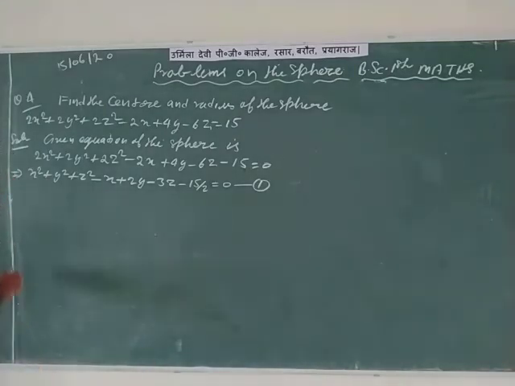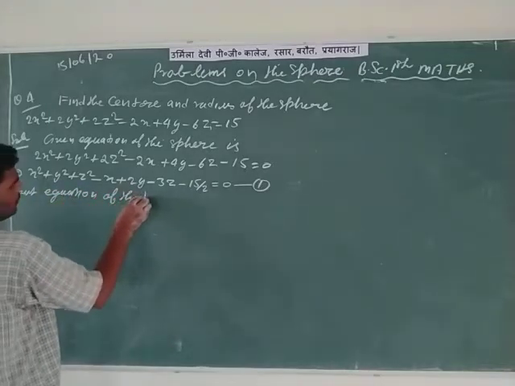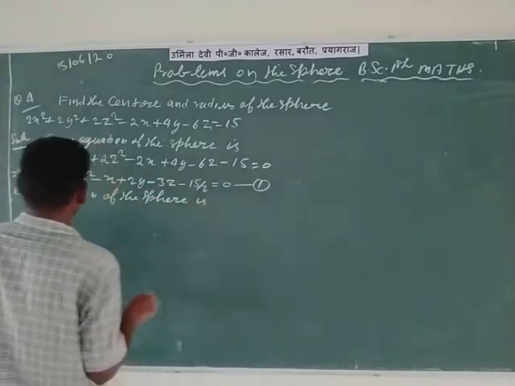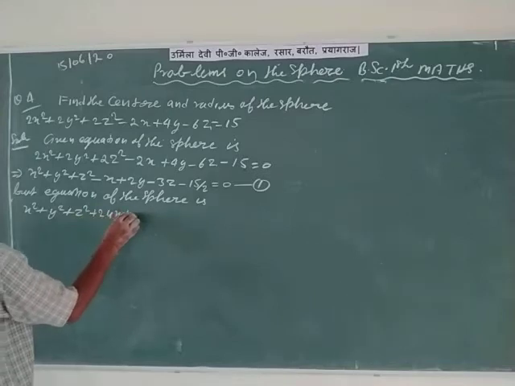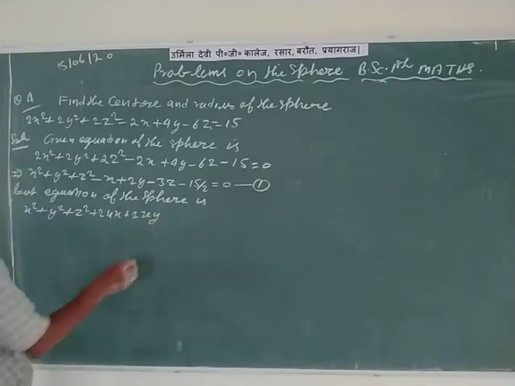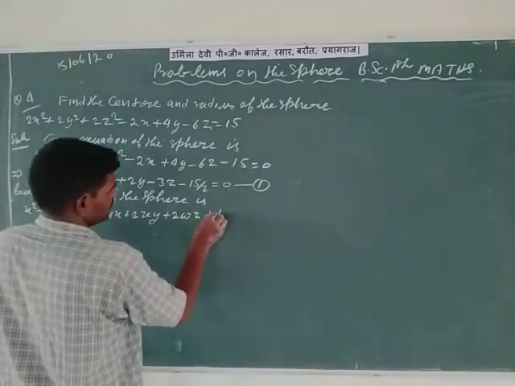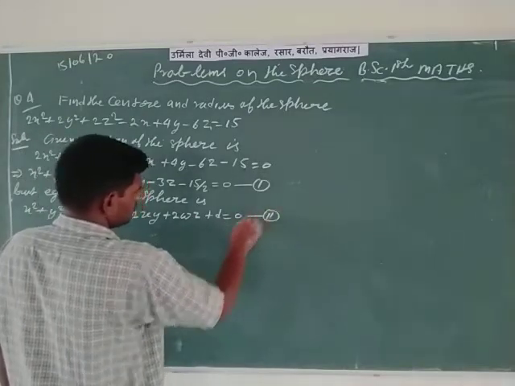So write the equation of the sphere, which is x square plus y square plus z square plus 2ux plus 2vy plus 2wz plus d is equal to 0. It is represented by the second equation.